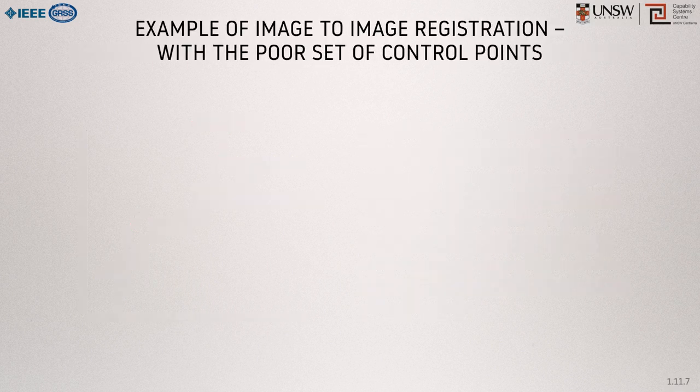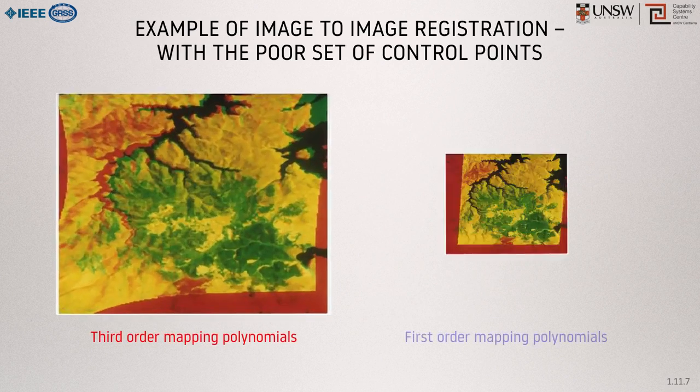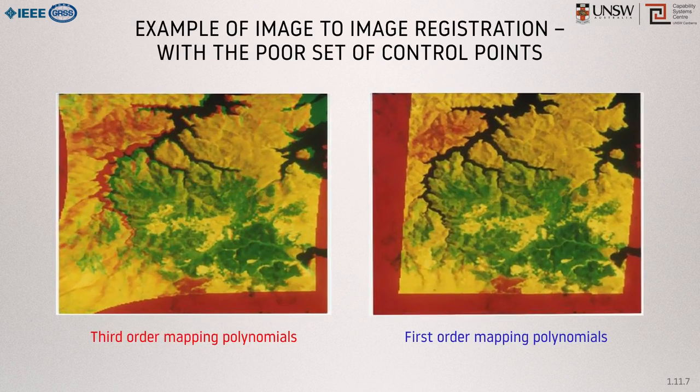This example demonstrates the benefit of using lower order mapping polynomials when the distribution of control points is not good. It uses a poor set of control points from the previous example. The result of that example is shown on the left-hand side of the slide. Remember, this was generated using third-order mapping polynomials.